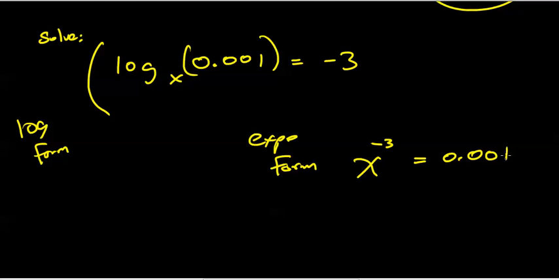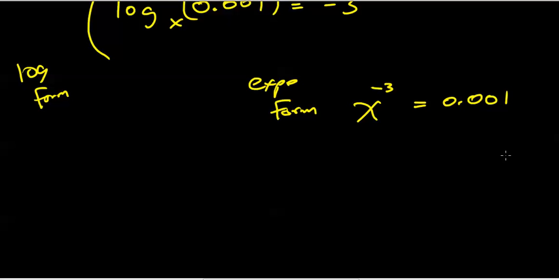We might have to think about this one a little bit. x to the minus 3 power equals 0.001. Well, let's think for a minute. 0.001 is 1 over 1,000, is it not?